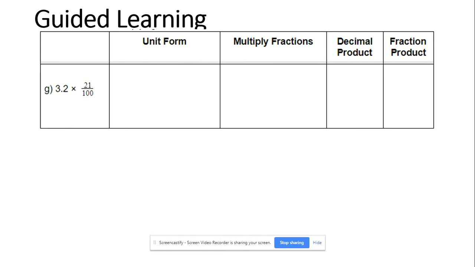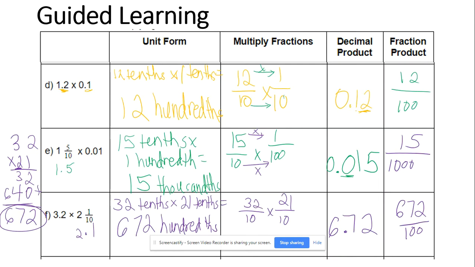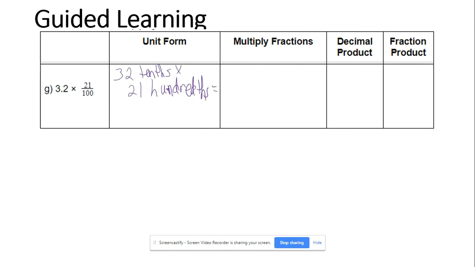Last one. 3 and 2 tenths can be written as 32 tenths, and we're going to be multiplying this by 21 hundredths. We already did 32 times 21 back here, and we got 672.